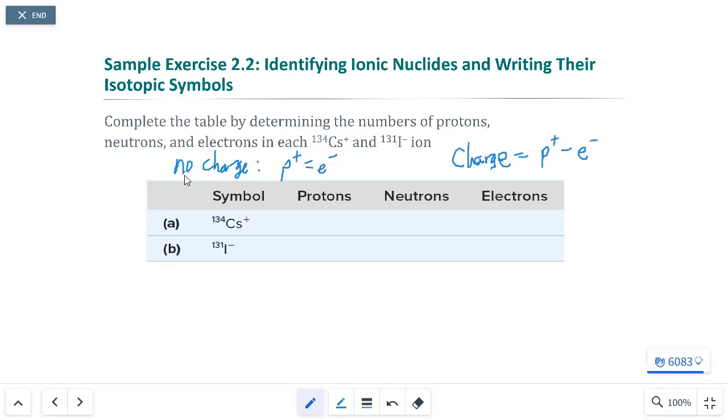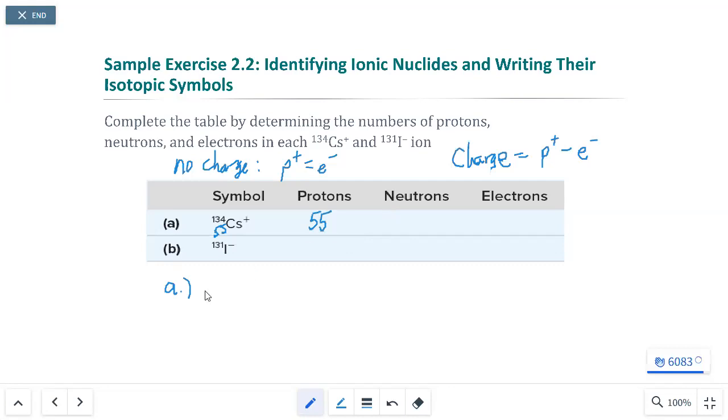So let's look at example A here. Example A tells us we have cesium. Cesium is element number 55 on the periodic table. So since it is element number 55, we know it has 55 protons.